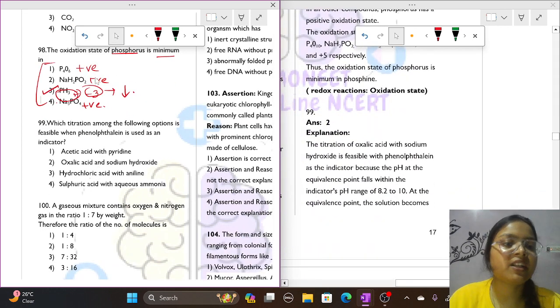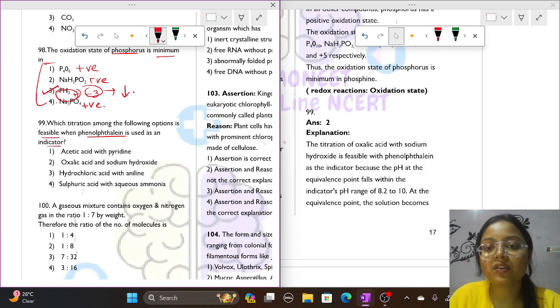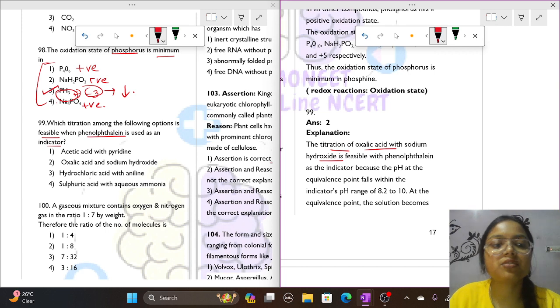Next is question number 99. Which titration among the following options is feasible when phenolphthalein is used as an indicator? Okay, so when phenolphthalein is used as an indicator, the titration of oxalic acid with sodium hydroxide is feasible. Option number 2 is feasible. Why? Because the pH at the equivalence point falls within the indicator pH range of 8.2 to 10.